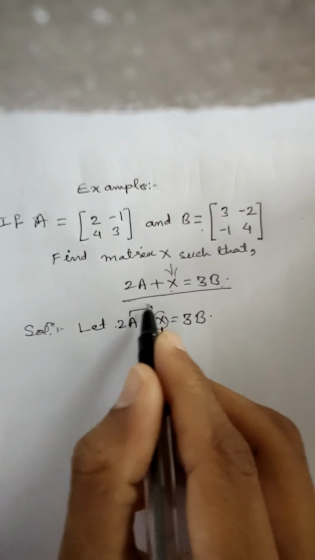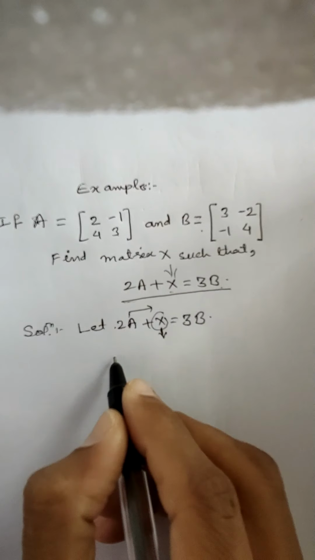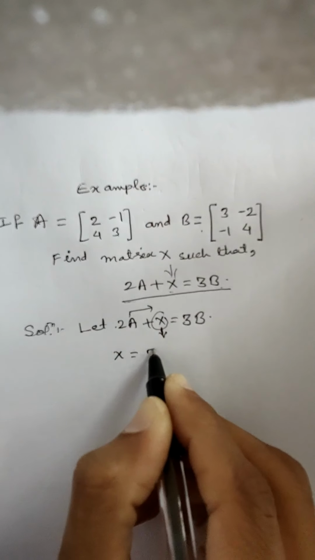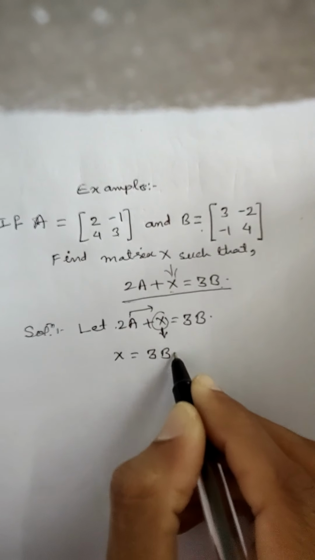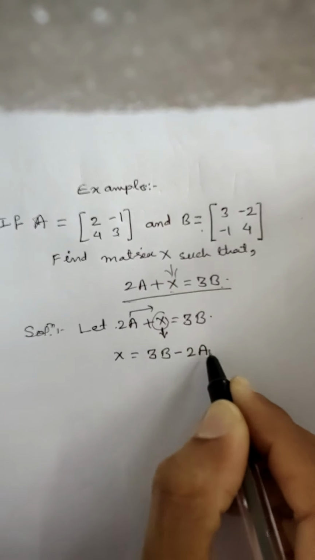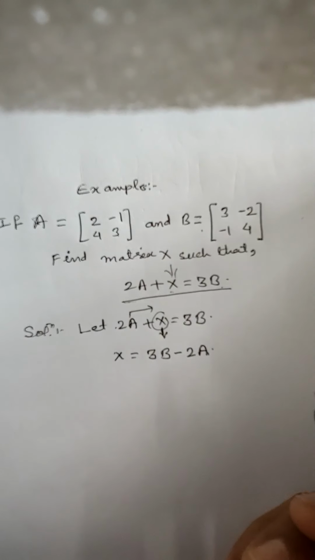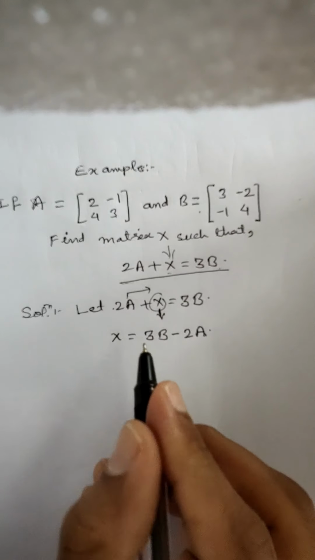I have plus here, and when I shift it, it becomes minus 2A. So X = 3B - 2A. Clear? A simple rule of equations: we just shift and solve.